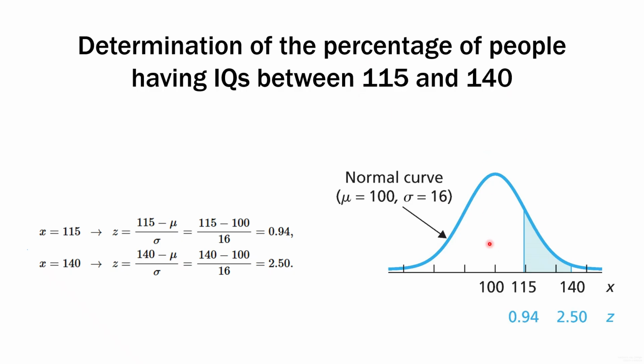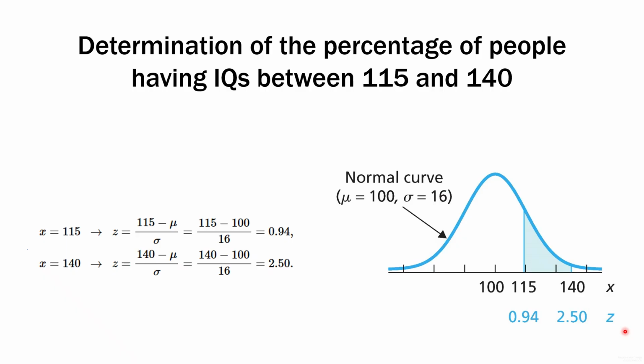So if this is 100, we're just going to make an assumption that this will be 115 and that 140 will be somewhere over here as those IQs go up on this side. So we can shade that region of interest between 115 and 140. Then we can mark it with the delimiting values, 115 and 140 here.